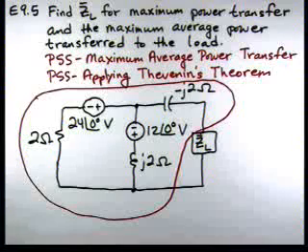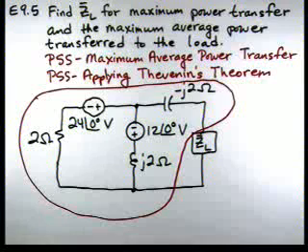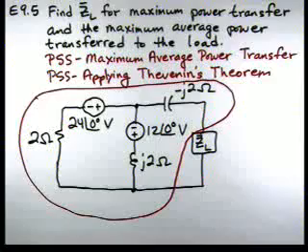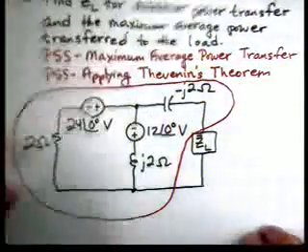We're going to remove ZL and find the open circuit voltage and the Thevenin impedance for this circuit. We don't have any dependent sources, so our first step is to remove ZL and find the open circuit voltage. Here's our circuit.